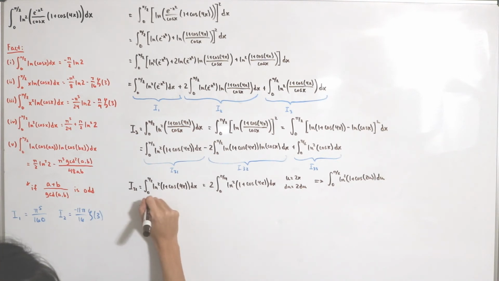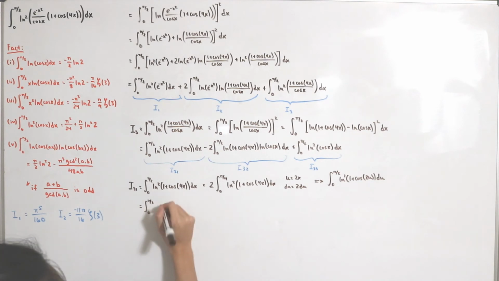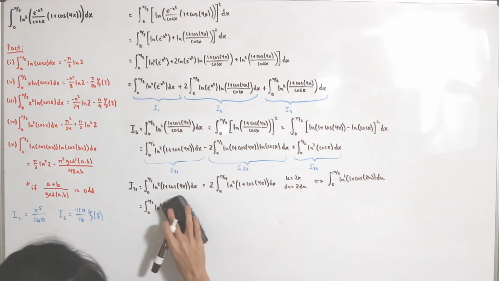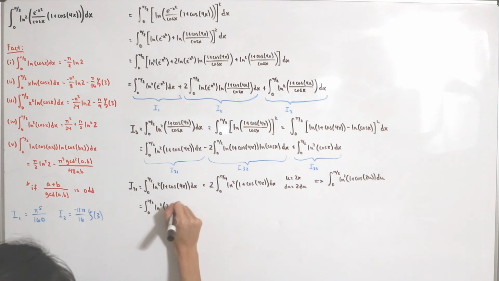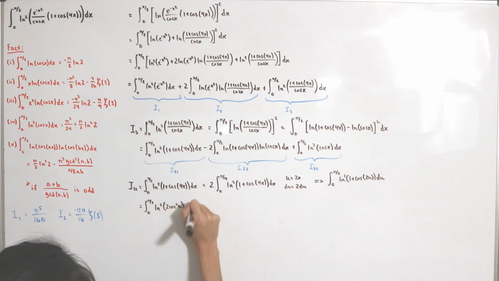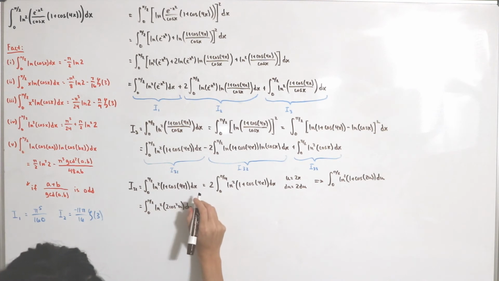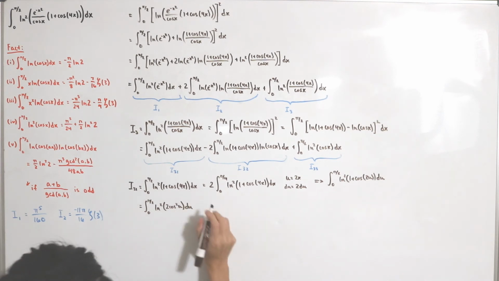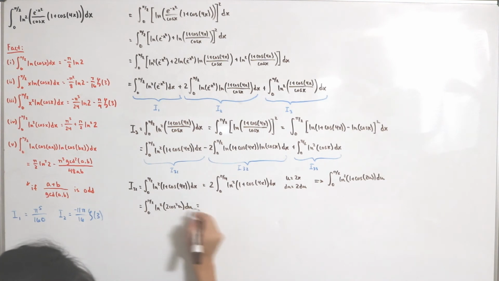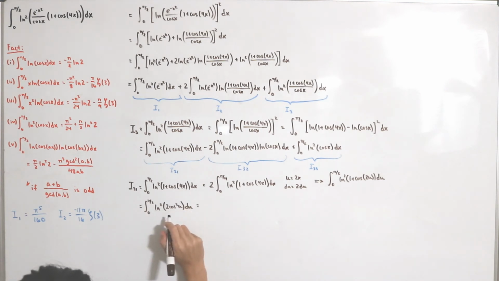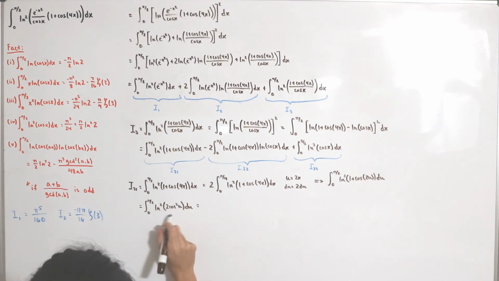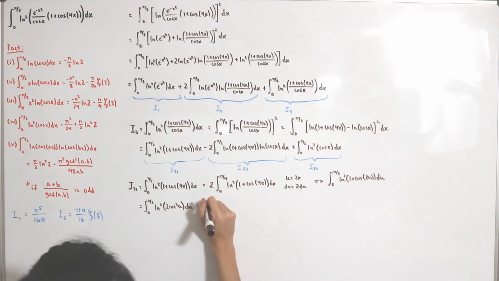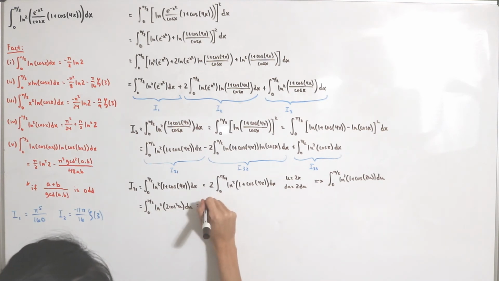Okay, so the integral from 0 to pi over 2 of ln square of 2 times cosine square u du. Because the input is a product, we can use our properties of natural logs to write this as a summation of natural logs.